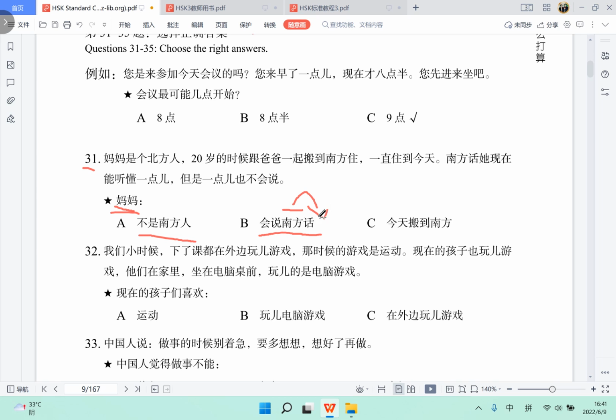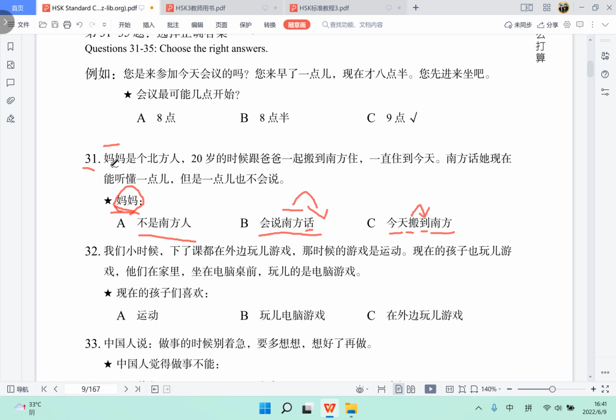So 话 with a place means the dialect of that place. So if we say 北京话 Beijingese, 上海话 Shanghainese, 西安话 Xi'anese. And C 今天搬到南方, so today moved to the southern part. So we're just looking for mama.